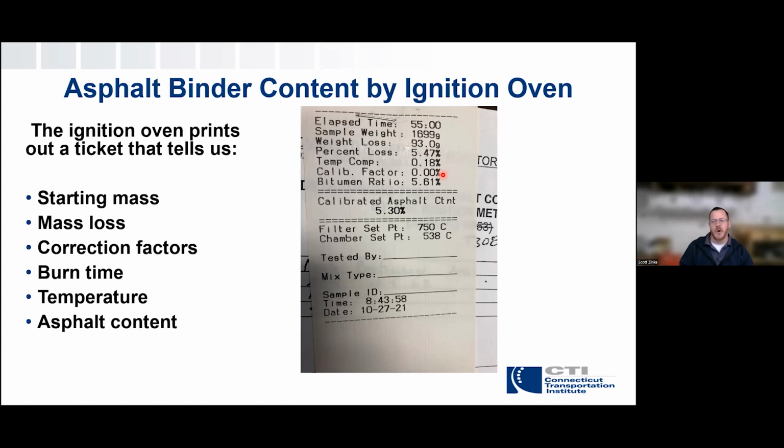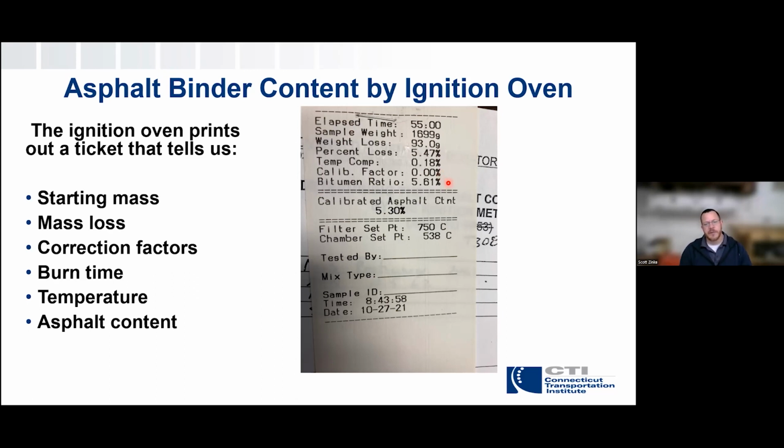But nonetheless, that calibration factor is something that we determined previously, and then we enter it into the oven prior to running our mix. In this case, we had that calibration factor set to 0 because we weren't running a mix that we had a calibration factor for. But during production, there's always a calibration factor when we're measuring the AC content, okay?